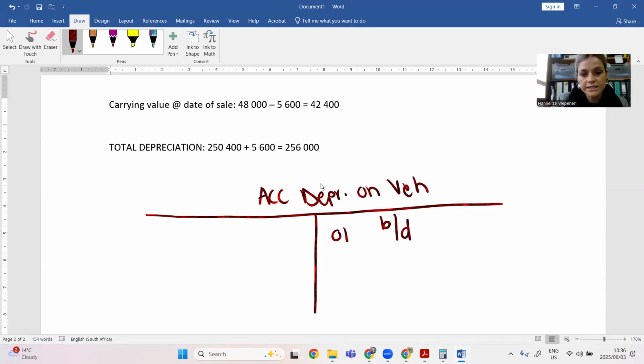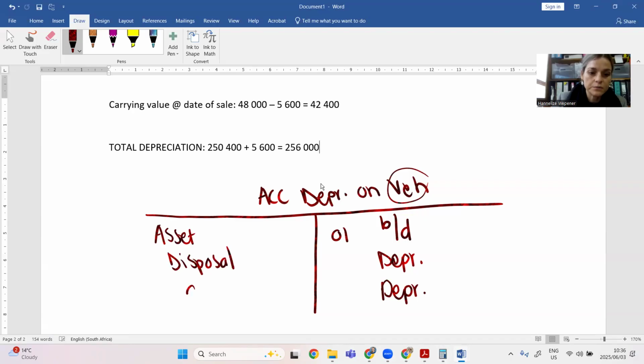Then on the date of sale, on that disposal date, we had to calculate and record depreciation up until the date of sale. Then we also had to, at year end, calculate the depreciation on the assets that we then had, the vehicles that we had for the full financial year. And then we also had to remove that accumulated depreciation on the asset disposed of. And that then will give us our closing balance.